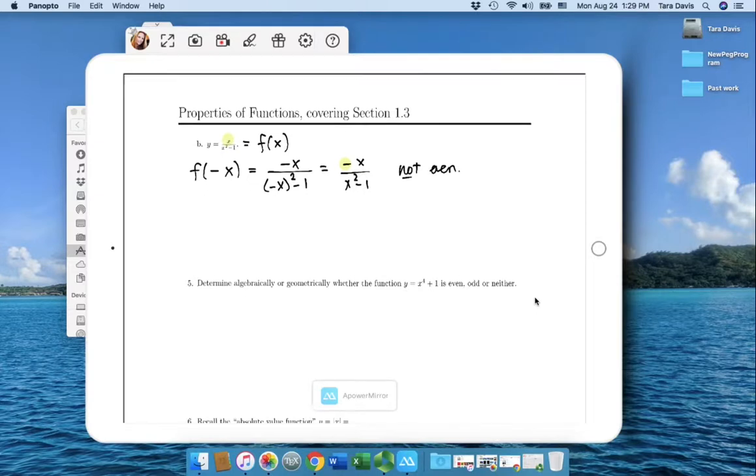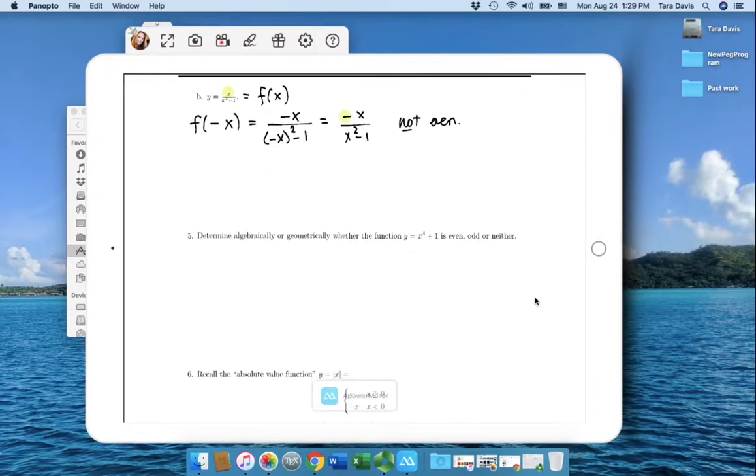And then for odd, I need to compare f of negative x with negative f of x. So I'm going to compute negative f of x. That just means you throw a negative on top of the entire y. So negative of x over x squared minus 1. When we simplify it, it equals negative x over x squared minus 1.